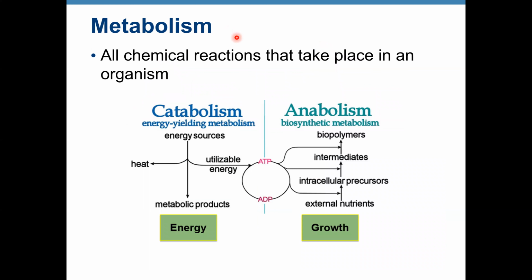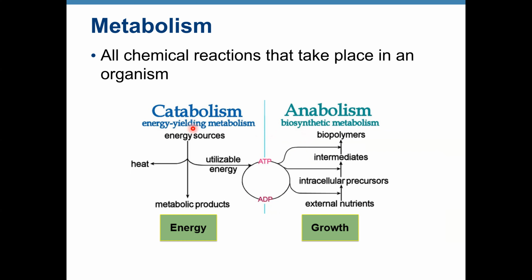Now, what is metabolism? Metabolism is all the chemical reactions that take place in the organism. And the 2 parts of metabolism are catabolism and anabolism. So catabolism is the energy-yielding mechanism, and anabolism is the biosynthetic mechanism, right? And what connects these 2 parts of metabolism is actually ATP.